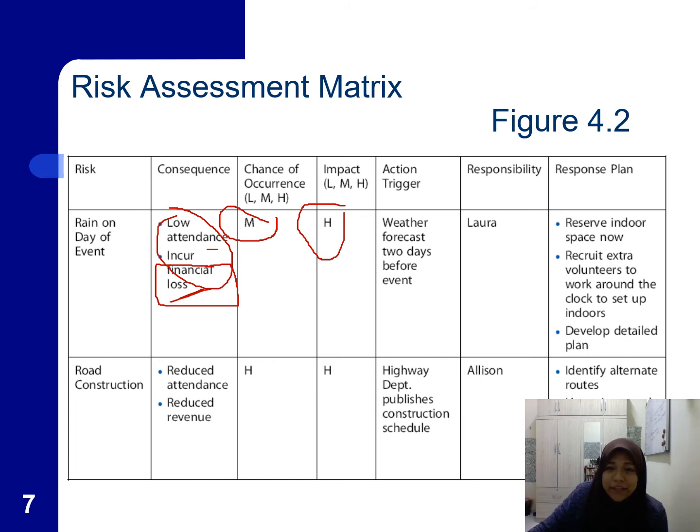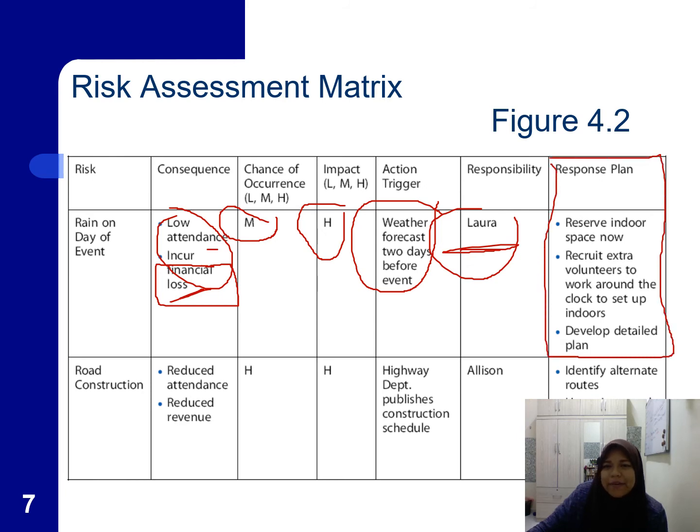What are the action triggers? You do a weather forecast 2 days before the event. Who is the responsible person? It's Laura. And what are the response plans? Response plans means a backup plan. You already have a backup plan, so you already know what to do. This is very important, so you can use this risk assessment matrix whenever you want to do a project.